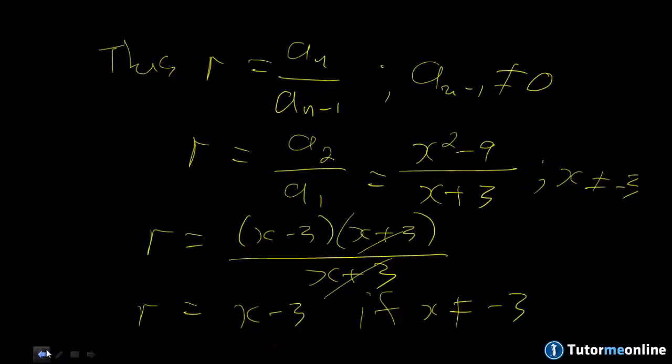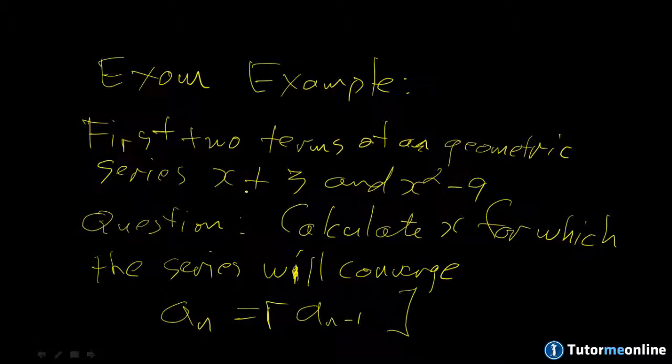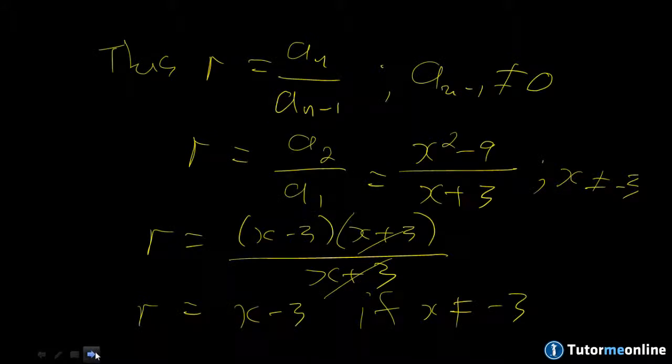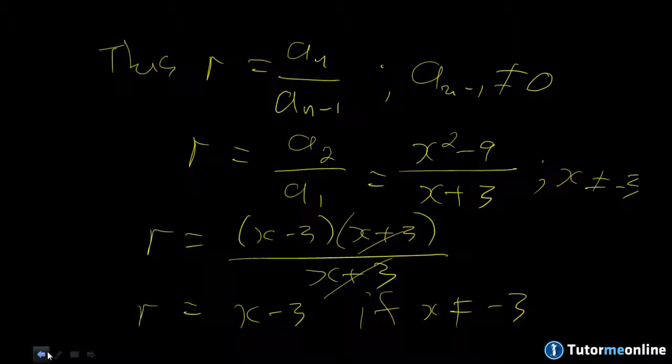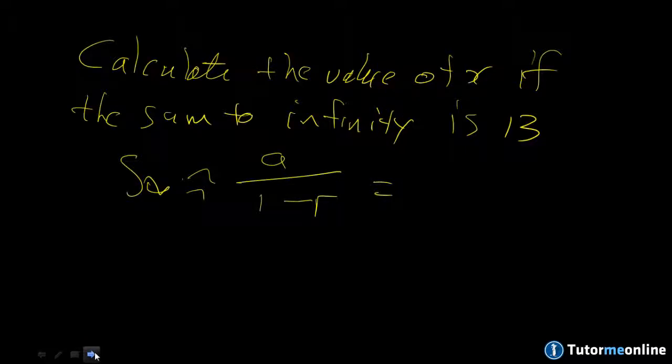We've been given A by the examiner to be x plus 3, and we calculated R to be equal to x minus 3. So let us put that into this equation. So A is equal to x plus 3 and R is equal to x minus 3.